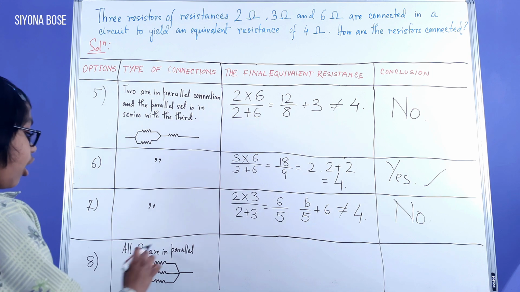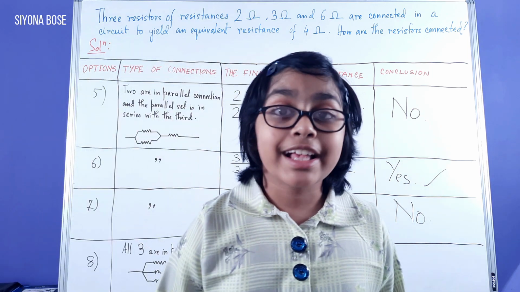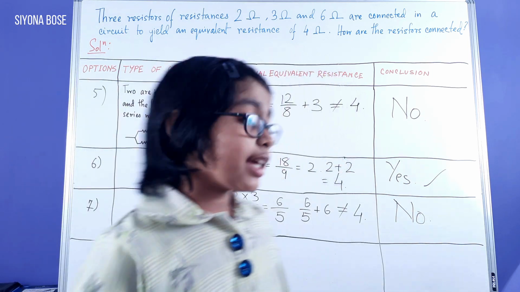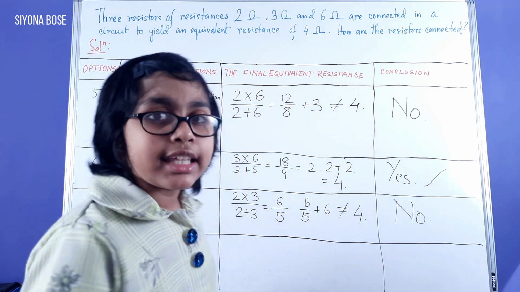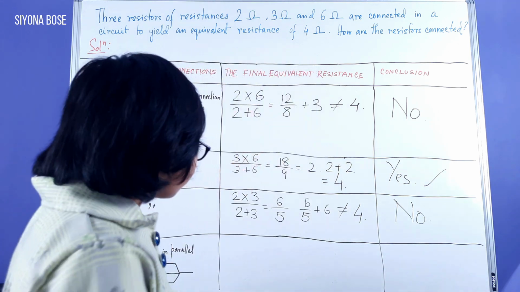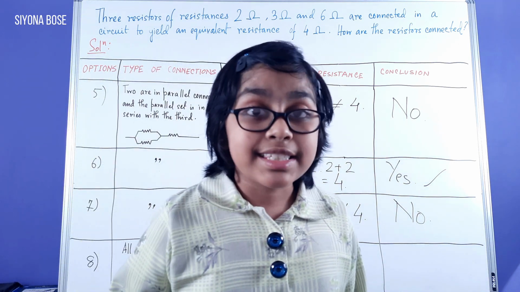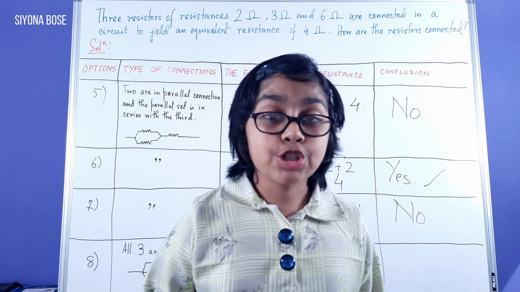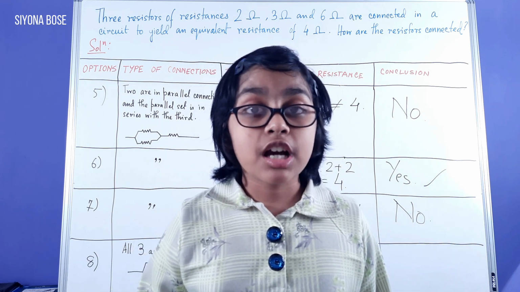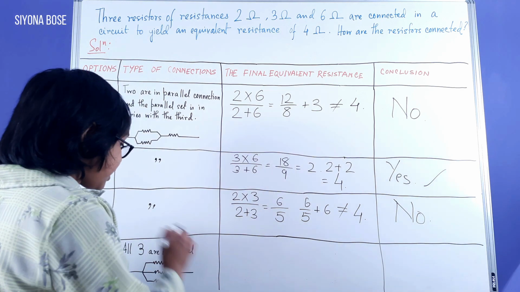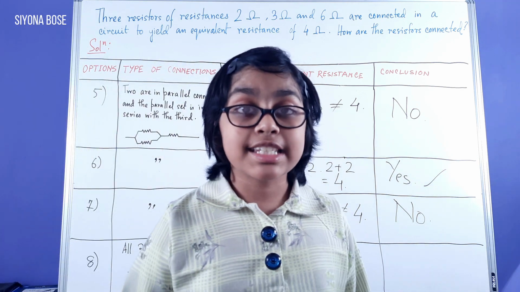And finally, all 3 in parallel is our last possibility to think of. In this, I can guarantee that whatever you take, it's going to be less than 2, 3, and 6, because of the special relationship that we talked about when we discussed the properties of equivalent resistance when the resistors are connected in parallel.